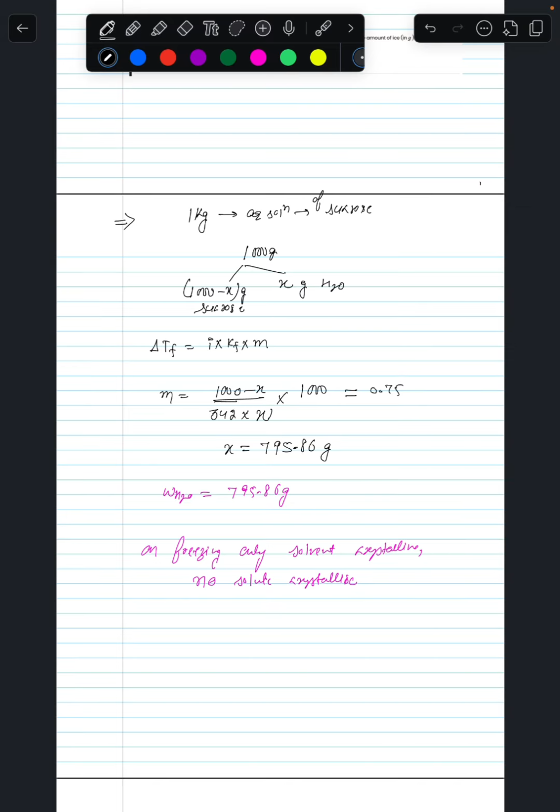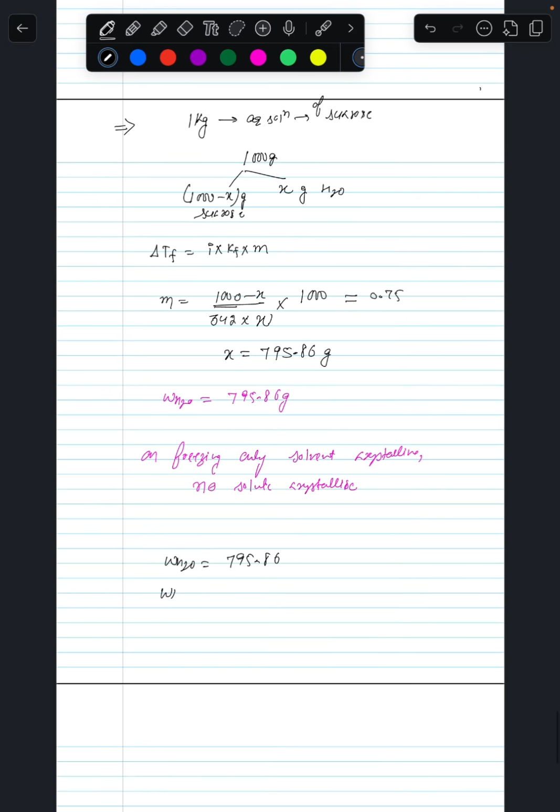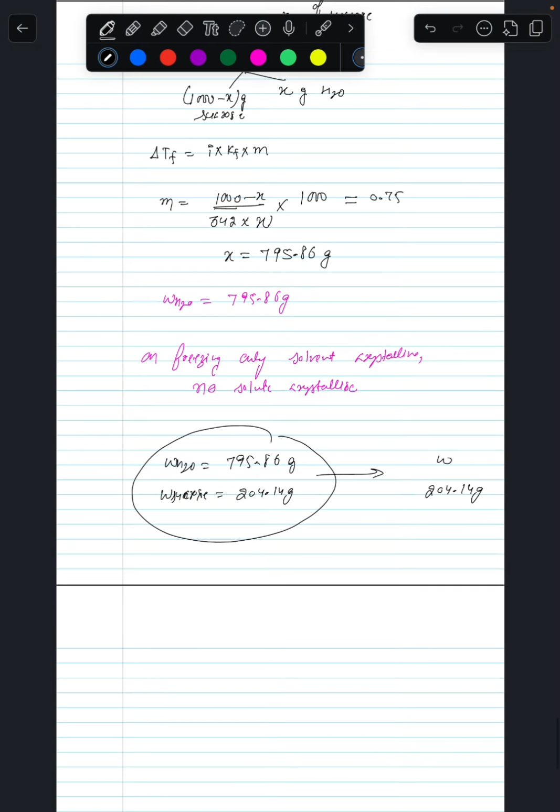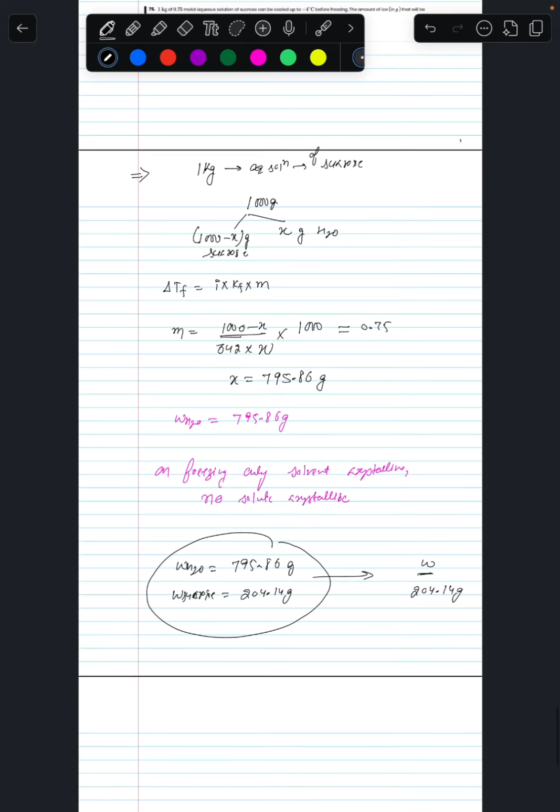The weight of solvent, water, is 795.86 gram. So the weight of sucrose is 204.14 gram. If this mixture freezes, sucrose, the solute, does not freeze; only the solvent part will freeze. So that W we have to calculate.